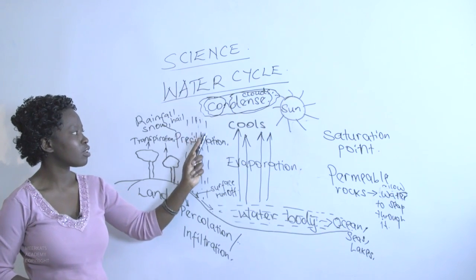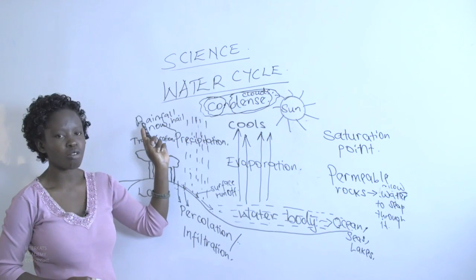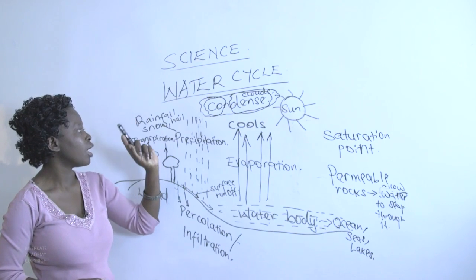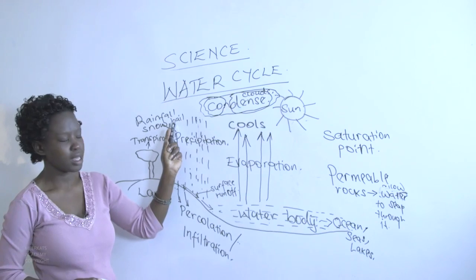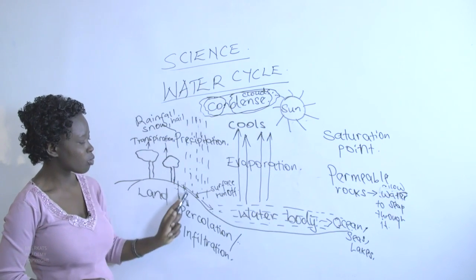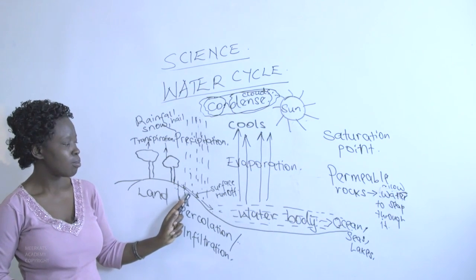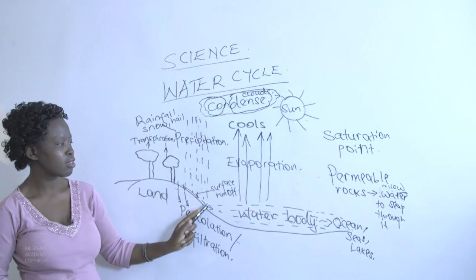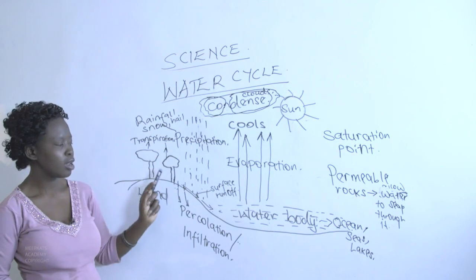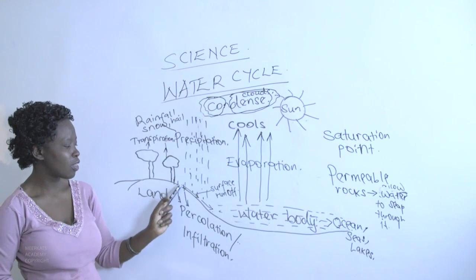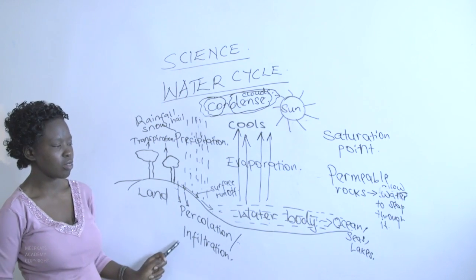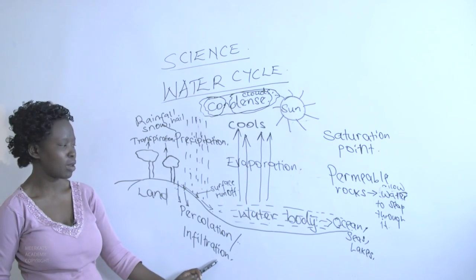Precipitation can be in form of a liquid, which is rainfall, or as a solid, which is snow. Then we are having hail, and so on. Then this water, as it reaches the surface, may either run on the surface as surface runoff, or it may infiltrate into the rock surface so that the percolation process or the infiltration process takes place.